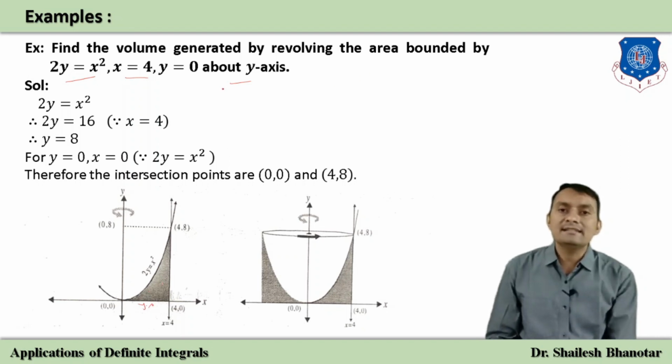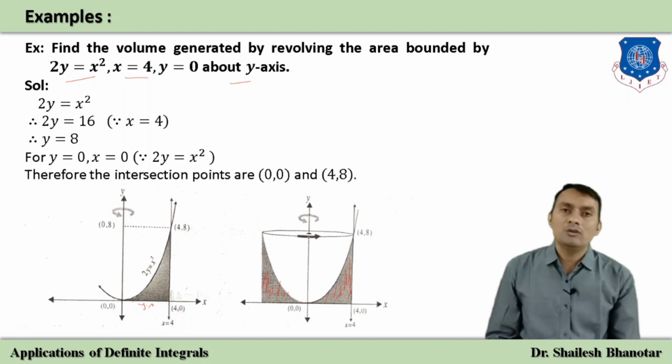But our question says to find the volume generated by revolving the area bounded by these lines about the y-axis. That means we need to consider the revolution about the y-axis, so it is not part of this y-axis, and our figure is like this, and I need to consider only the volume of this one.